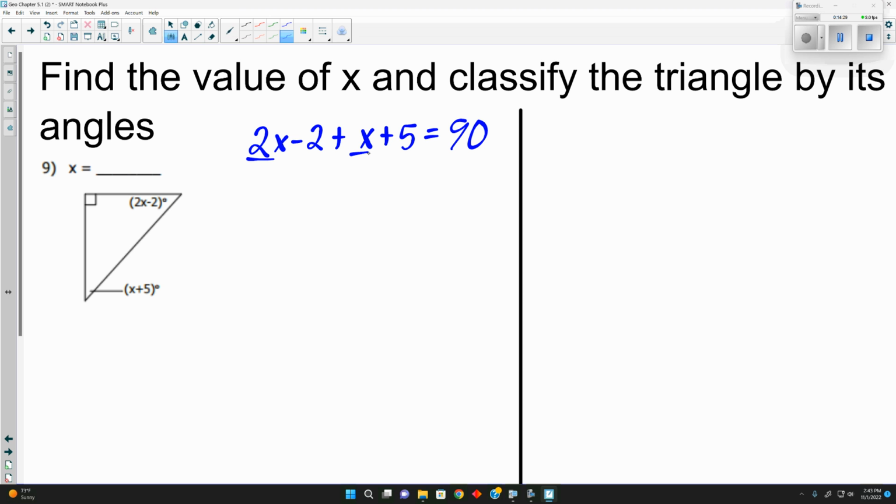So at this point, we can combine like terms. 2x plus x is 3x. Negative 2 plus 5 is plus 3, so 3x plus 3 is equal to 90. Minus 3 from both sides, that tells us that 3x is equal to 87.